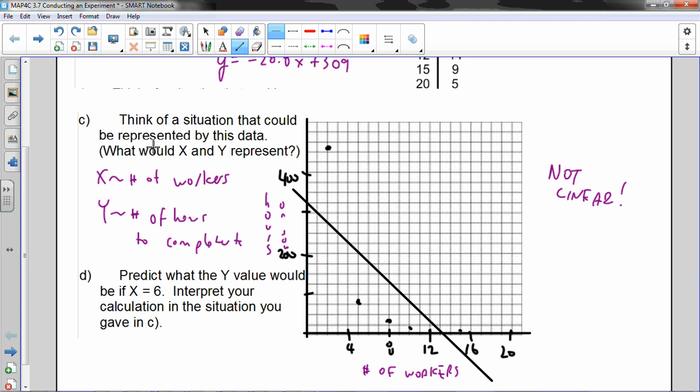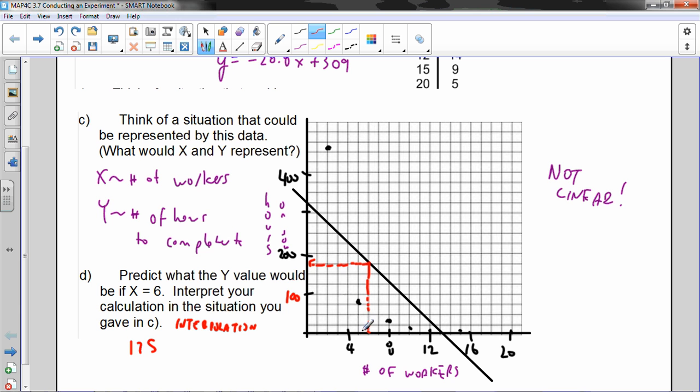And if I wanted the value when x equals 6, since that's among the data, this is an interpolation. It looks like, well, that's 100 there, maybe about 175.